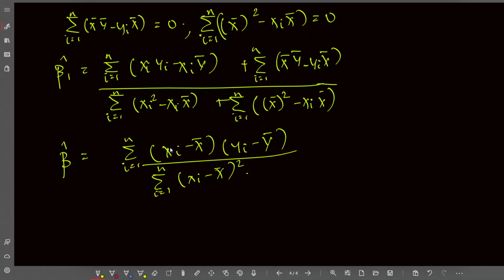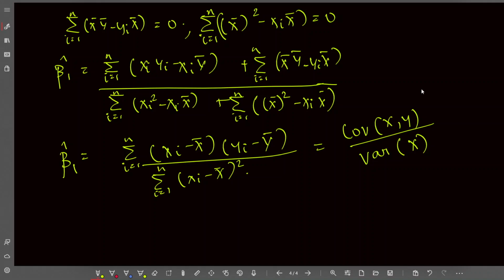If you multiply out what I have in the brackets, you will get back the same equation over here. I've just condensed it a little. Now this might look familiar. This is basically the covariance of x comma y whole upon the variance of x, where x is our independent variable. So that is the value of beta 1. To estimate the best parameter beta 1, it's the covariance of x and y over the variance of x.